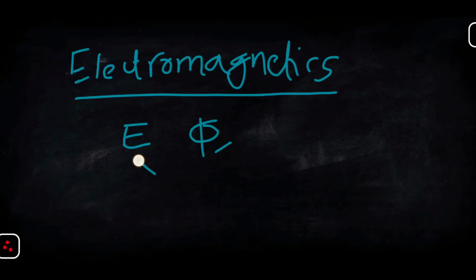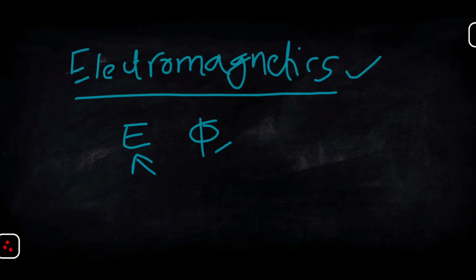Let us see what a scalar is, what a vector is, what electromagnetic fields are. The study of electric field and magnetic field is known as electromagnetics. Hence vectors are closely related to electromagnetics.